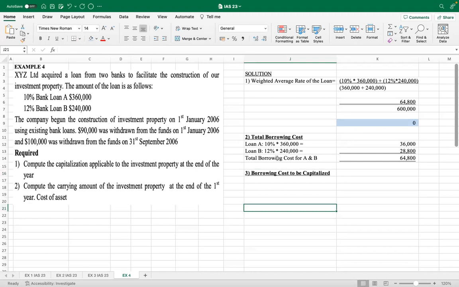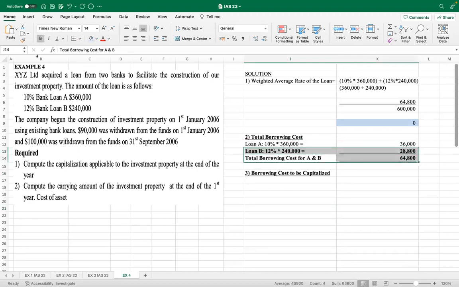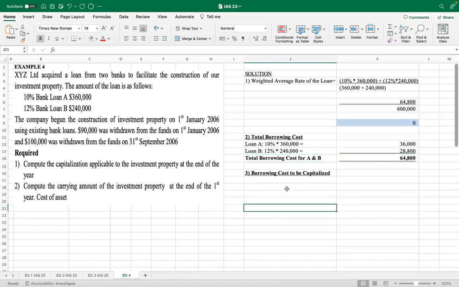What is the borrowing cost? The total borrowing cost is 64. But now here, when there is an average interest rate, I need to calculate the borrowing cost to be capitalized.